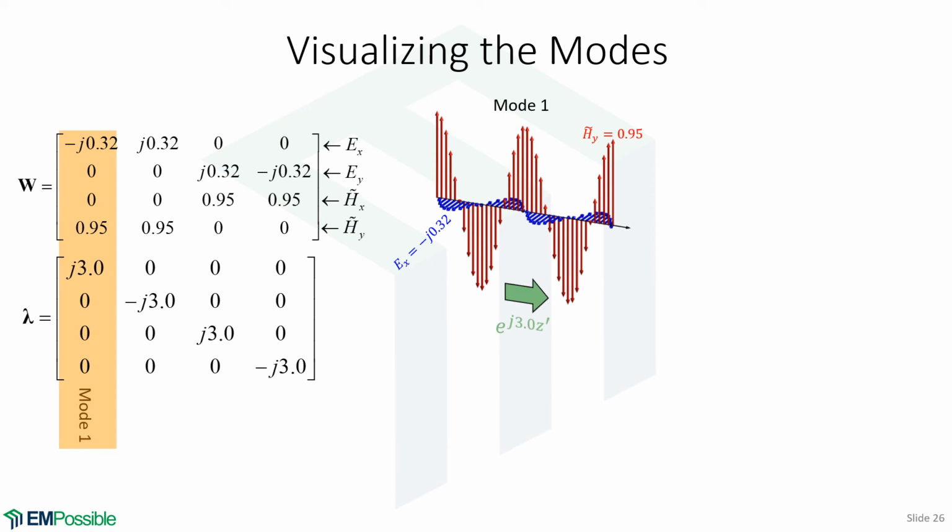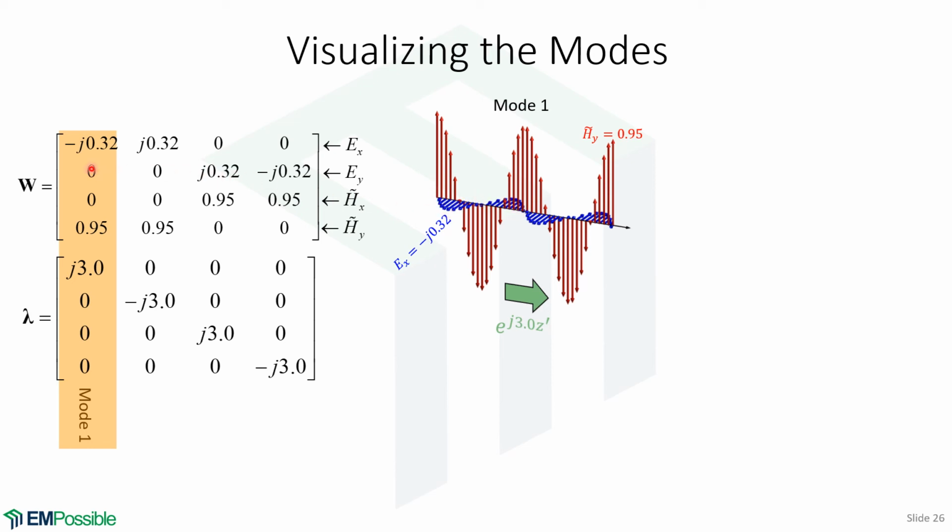So a mode is a combination of its eigenvector and eigenvalue. Well, it's telling us the x component of E is minus j 0.32. So we have an x component of our electric field, and the amplitude is minus j 0.32. And we can see that here.